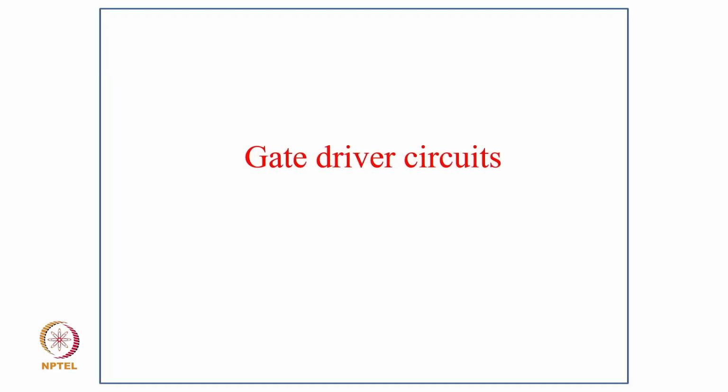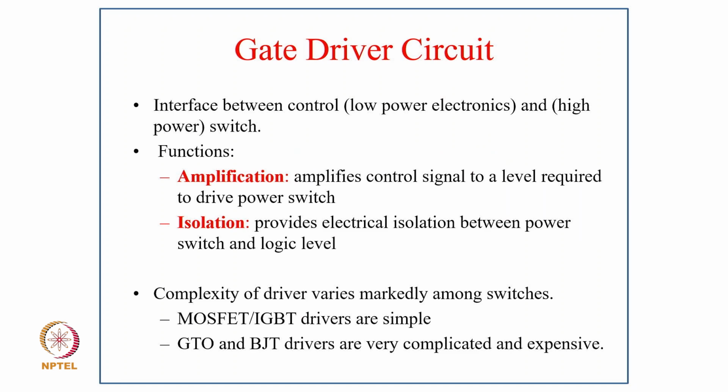Starting with the gate driver circuit. The gate driver circuit is the interface between the control, which is low power, and the high power electronic switch, and its functions are amplification: it amplifies the control signal to the level required to drive the power switch, and of course isolation.